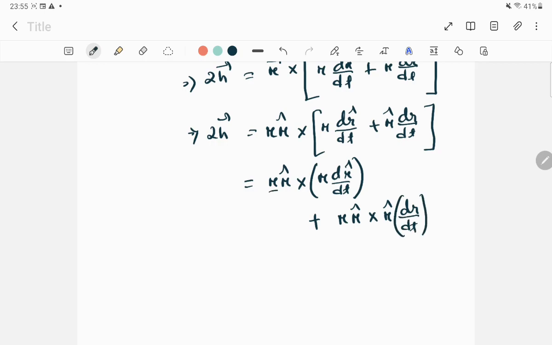Here you can see that this is a scalar part and this is a scalar part, and this is the vector part. So I take the scalar part out, and it will be simply r square r cap cross dr cap dt.